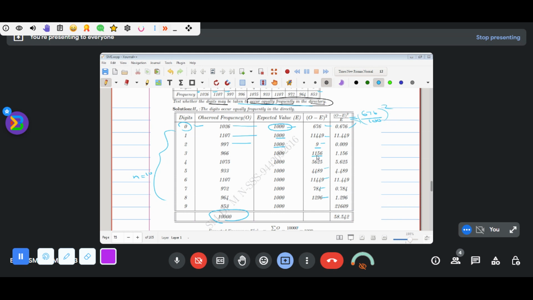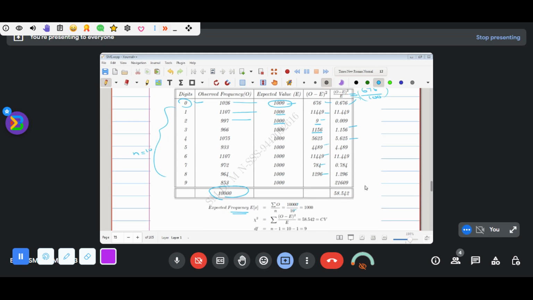Also 1156 divided by this value. This decimal we want to put, 3 digits are there, therefore 1 2 3, 1 2 3, 1 2 3. You put these in the corresponding columns, with the same calculation for all values.